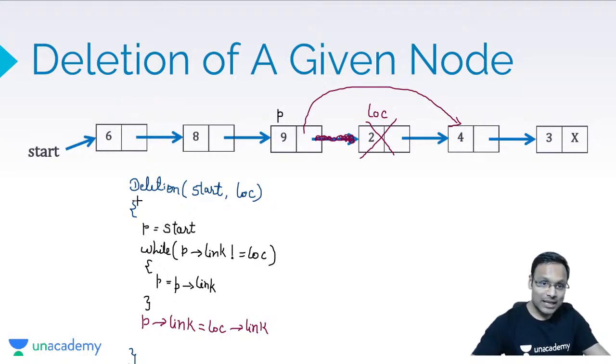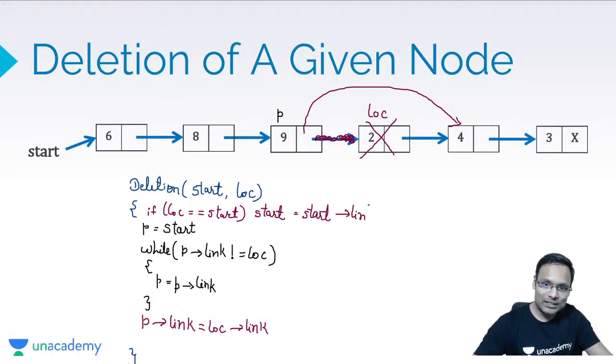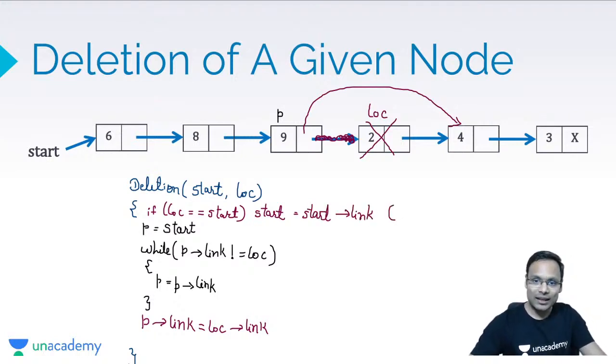So I will handle the boundary condition here. If LOC is equal to start, मुझे पहली ही node delete करनी है, उस केस में I will write down start is equal to start ka link. Delete the first node by updating the start pointer by start ka link, and then I will return.